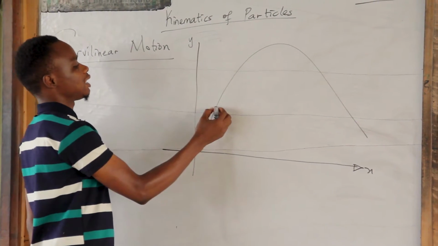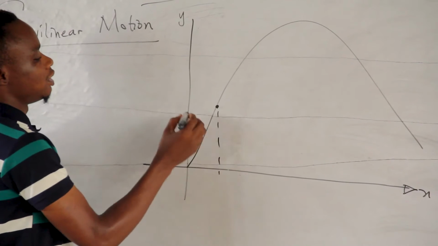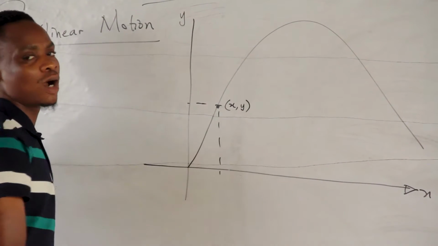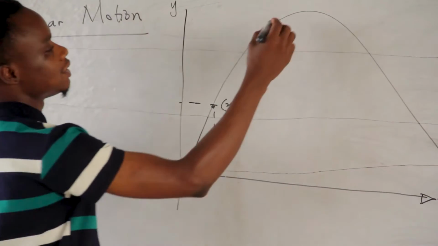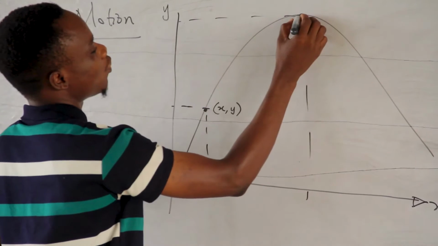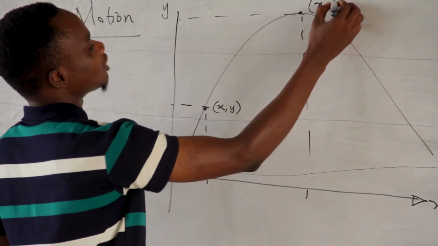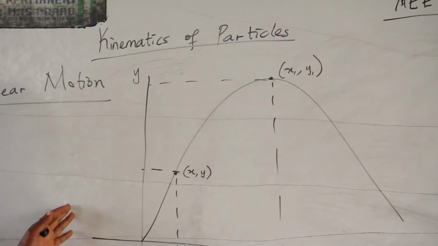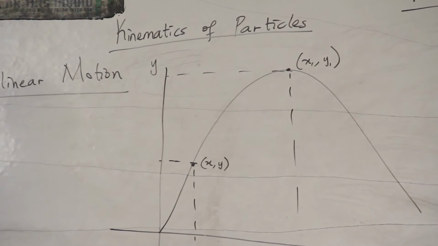So if the object is at this point, I will say this is its position. Its position will be defined by x and also y. Is it clear? If the object is at this point, same thing happens. I will trace out its x coordinate, trace out its y coordinate. So that will be at x1, say y1. You get that? Okay, so that is how I can sufficiently describe its position at every point in time.